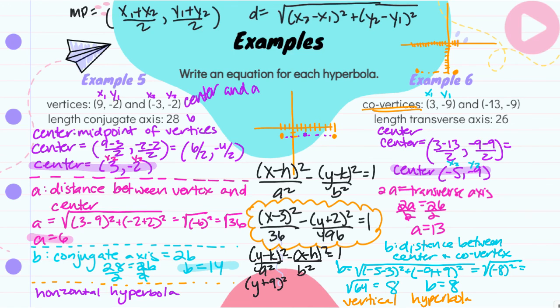I need to replace a with 13. 13 squared is 169. I need to replace h with negative 5, so that becomes x plus 5 squared. Replace b with 8. 8 times 8 is 64 equals 1. So then this is our formula for example 6. I know I ran out of room there. I'm going to have to use my space better for the next example.